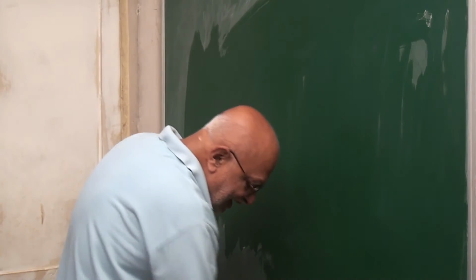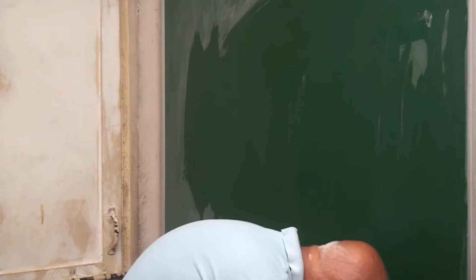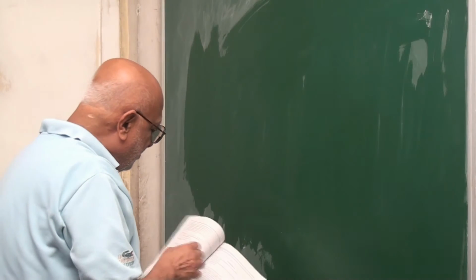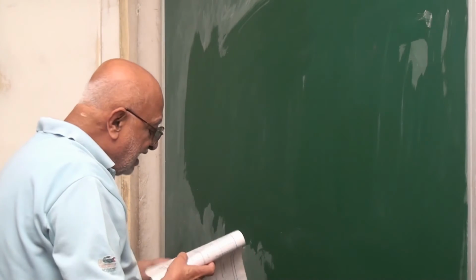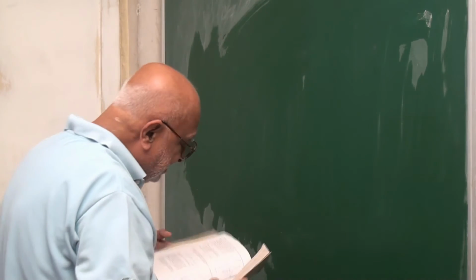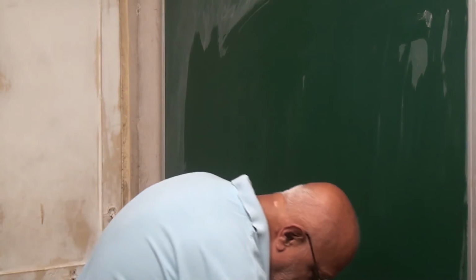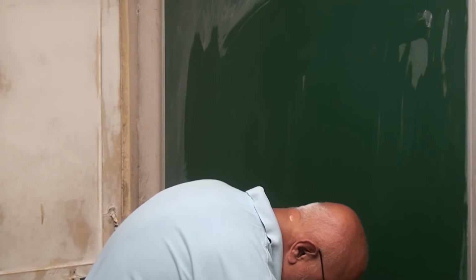I am going to pick up a sum from the book itself so that you feel confident that most of the sums in the book have been covered, and this will help you in your studies as well as in your revision.